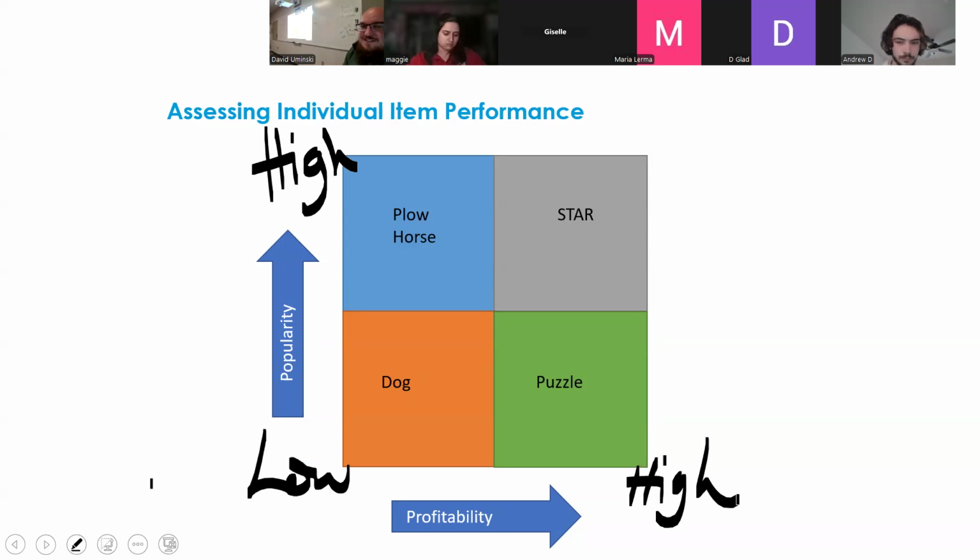In addition to what you see on the diagram, I also want you to add the word high in the top left and bottom right, and then add the word low in the bottom left corner of the square.